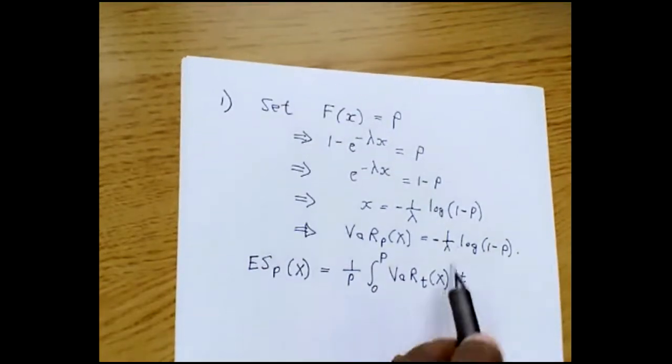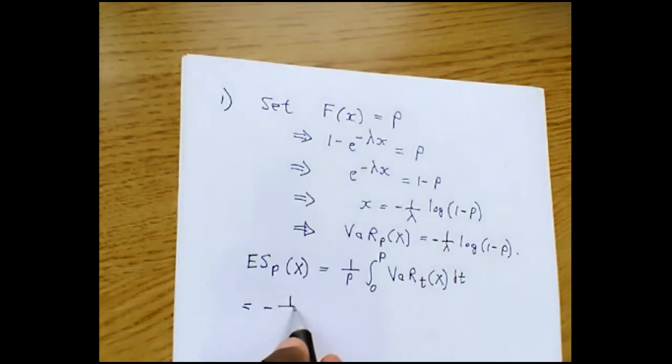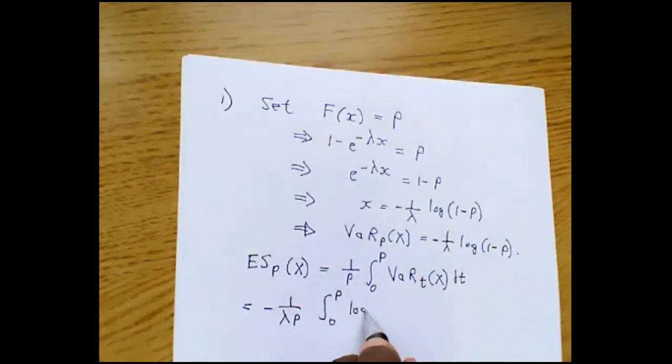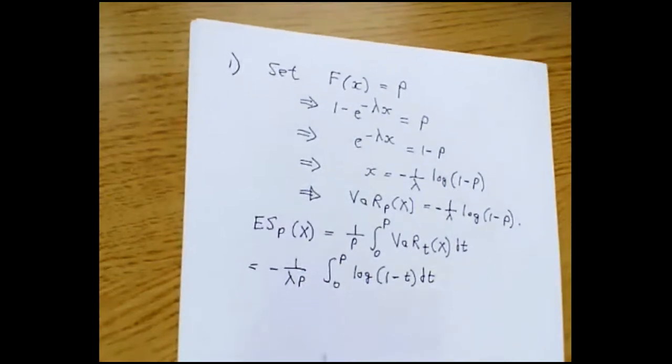Okay, so you sub this here and you will get minus 1 over lambda p times the integral from 0 to p of log(1 minus t) dt. To do this integration, I did a similar integration on Tuesday this week. I'm going to use integration by parts.